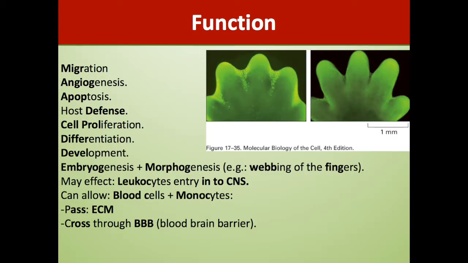Also, they play a role in migration, angiogenesis, apoptosis, host defense, cell proliferation, differentiation, development, embryogenesis, and morphogenesis, for example the webbing of the fingers, or in other words, the separation of the embryo's fingers. They may affect leukocytes' entry into the central nervous system, and can allow blood cells and monocytes to pass the extracellular matrix and cross the blood-brain barrier.